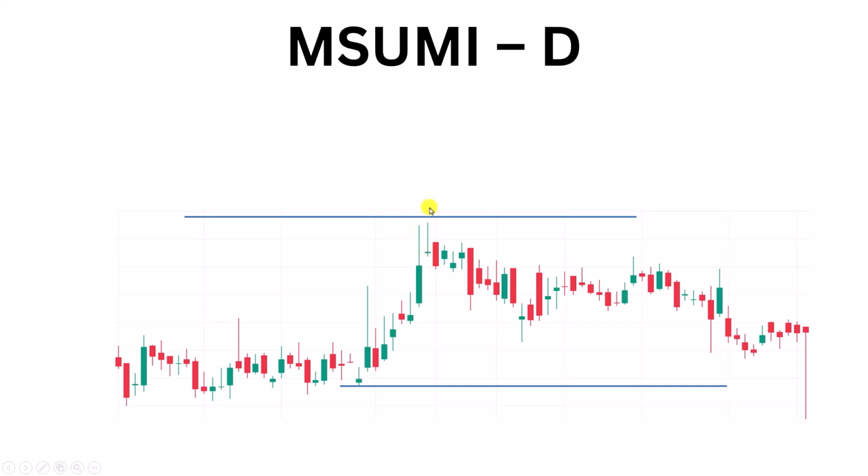Now this will be beneficial if you have taken a trade here or previously. If I had bought stocks of this company here or here or here, then I would be exiting them here. So I buy here and I sell here.